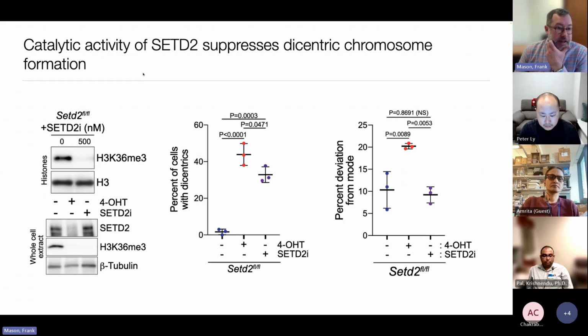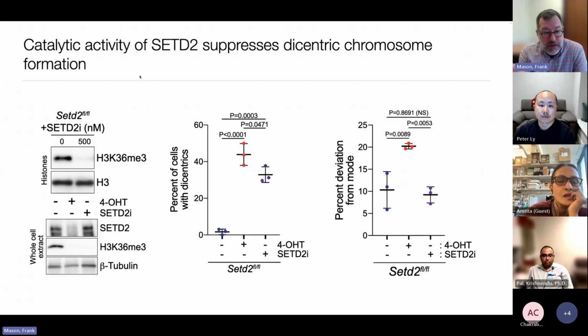Recently a small molecule inhibitor of SETD2 was developed, and we can see that when we treat cells with this inhibitor, we're able to block its methyltransferase activity, and you can see the concurrent loss of H3K36 trimethylation. But one thing we found interesting is that when we treat cells with this methyltransferase inhibitor of SETD2, H3K36 trimethylation is gone, but SETD2 is still present.